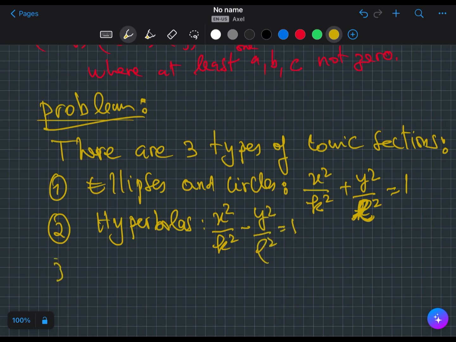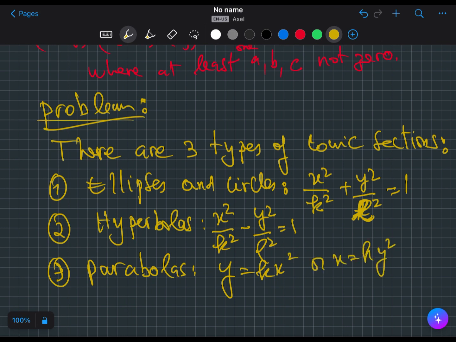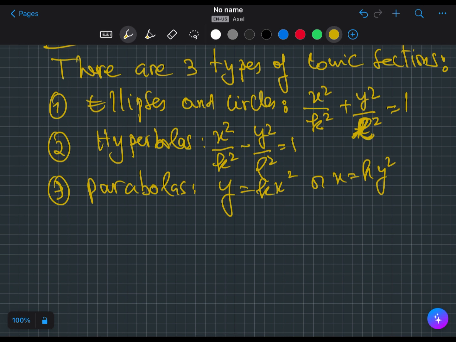And thirdly, we have the parabolas, where you have y equals kx squared or x equals ky squared. So these are the three conic sections that we have.